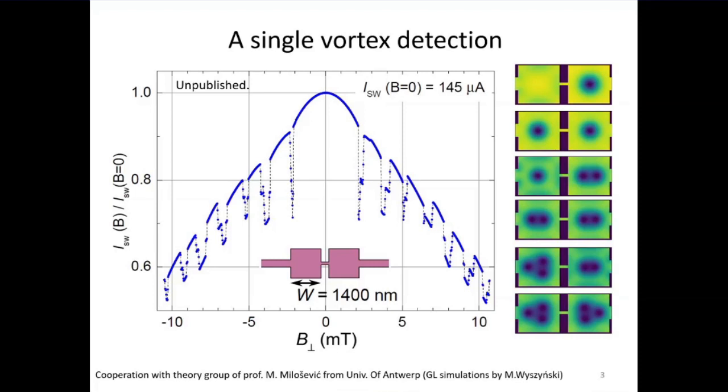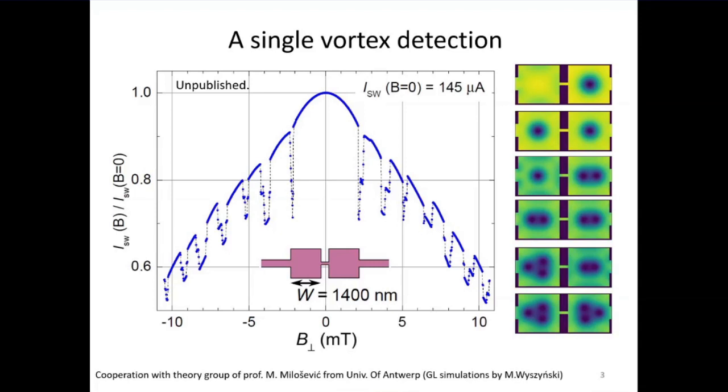So these are maps which you can calculate. This was done in cooperation with some of my collaborators from the University of Antwerp. But this measurement shows you this very rich characteristic, and this is very reproducible.